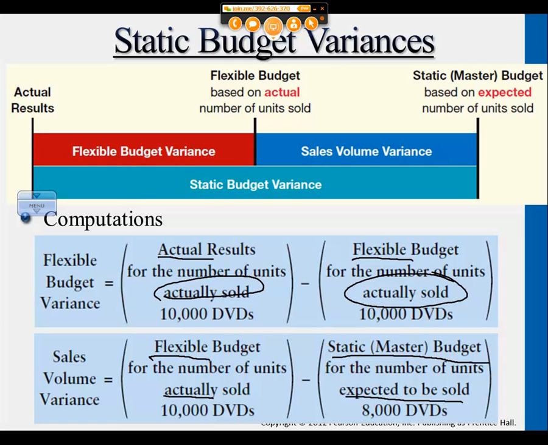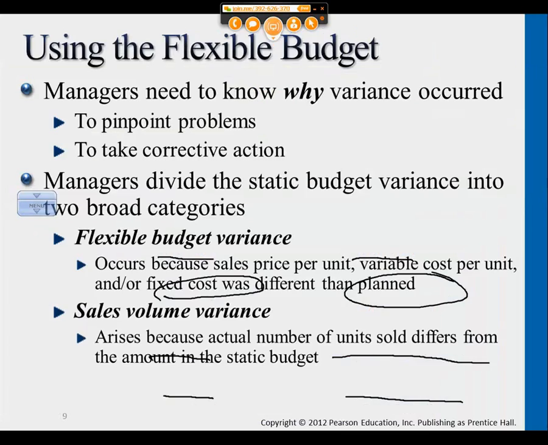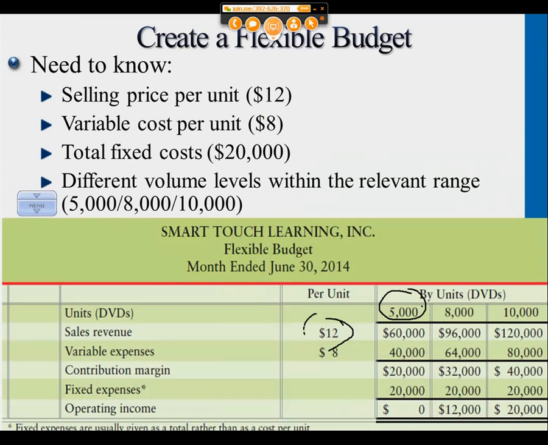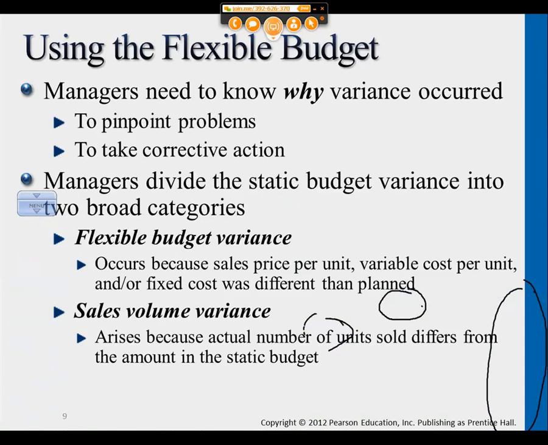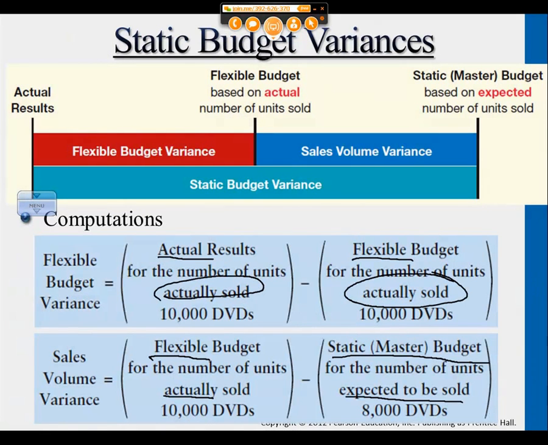Now the flexible budget, which you remember has three columns, right? So if I know that I've sold 10,000, I'm going to go to my flexible budget and look at this number right here. The other one is an actual result. It's not from the flexible budget. So there's a difference likely.